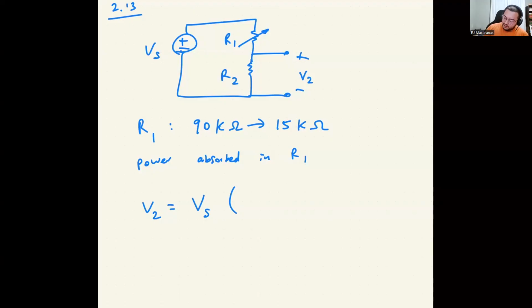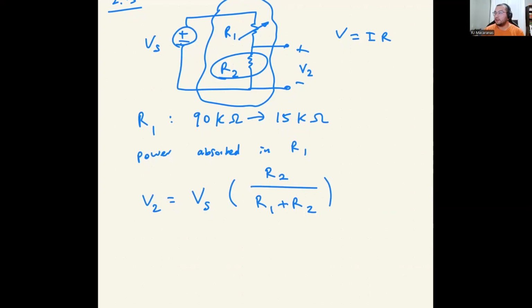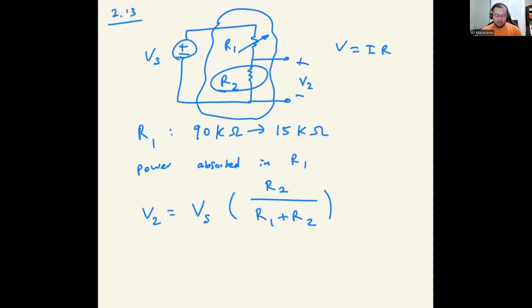It's scaled based on this resistance, because V is equal to I times R. So V2 will be proportional to R2, and it will also depend on the equivalent resistance of this network. This is two resistors connected in series, so we just add them up like that, and that gives you a closed form equation for what that output voltage is.